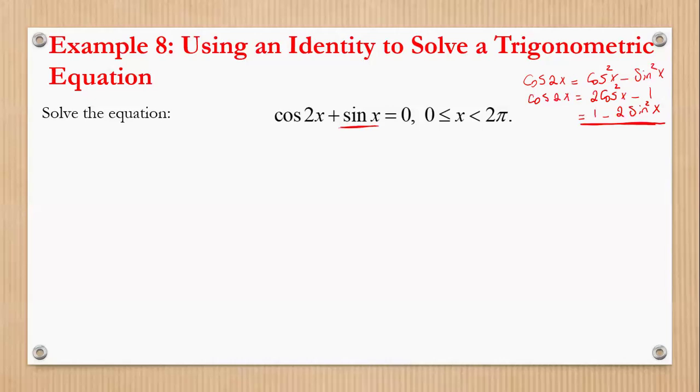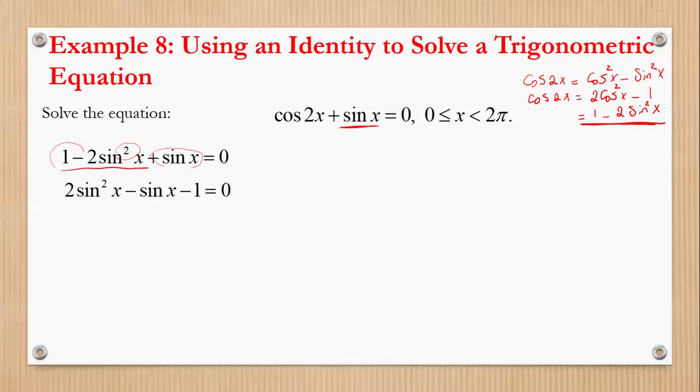So we replace the cosine 2x by 1 minus 2 sine squared x and bring down the rest of the equation. Then we will have a quadratic equation, because I have one sine squared, I have a sine x, and I have a number. So that tells me it's a quadratic equation.